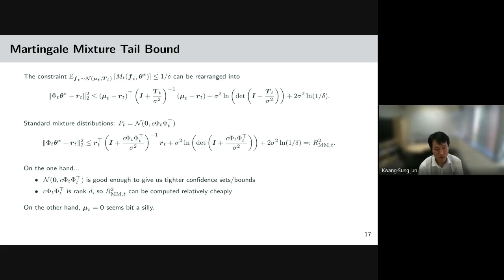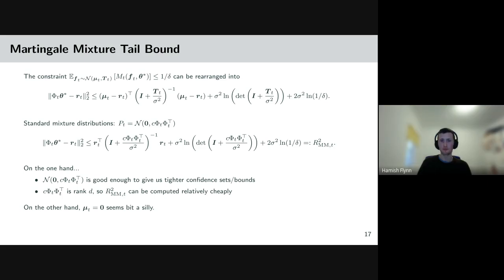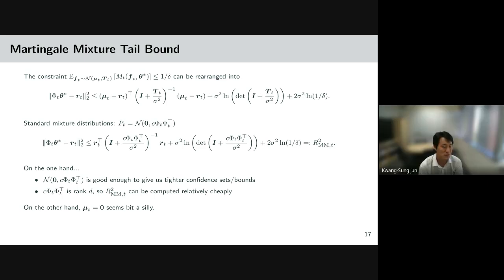Yeah, I was actually thinking that having mu t equals 0 is seemingly silly, but I think it's a pretty good choice, because it imposes some stability there. If you trust too much into your own prediction, at the beginning it'll make wild guesses and it'll actually hurt.